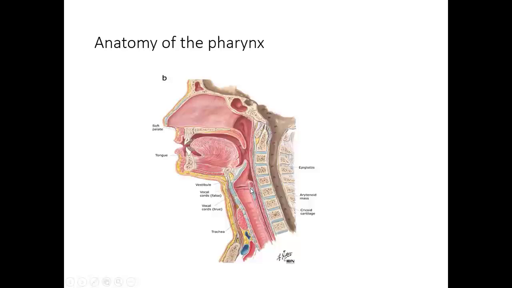Posteriorly they are attached to the arytenoid cartilage on the cricoid, and anteriorly to the thyroid cartilage. Above the vocal cords is a space called the ventricle, and then the false vocal cords above that, and all that is the supraglottic area. The subglottic area is the area underneath the vocal cords up to the end of the cricoid cartilage.